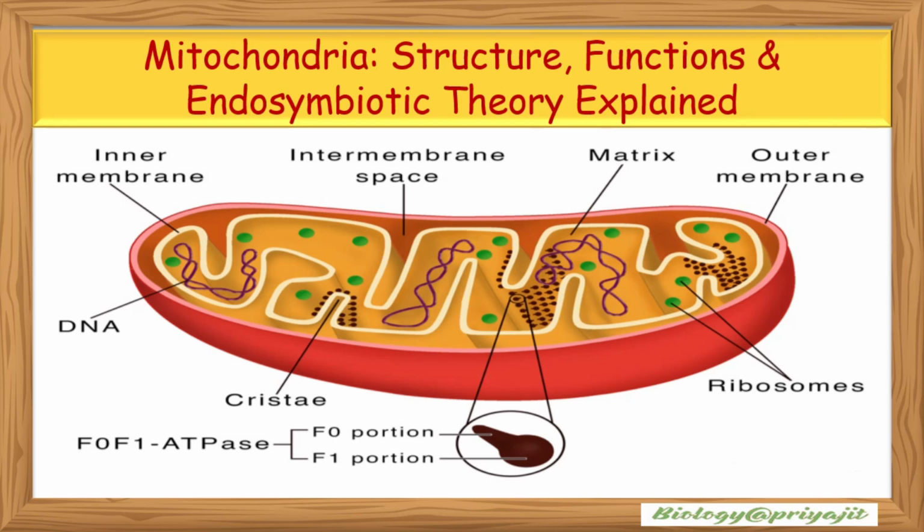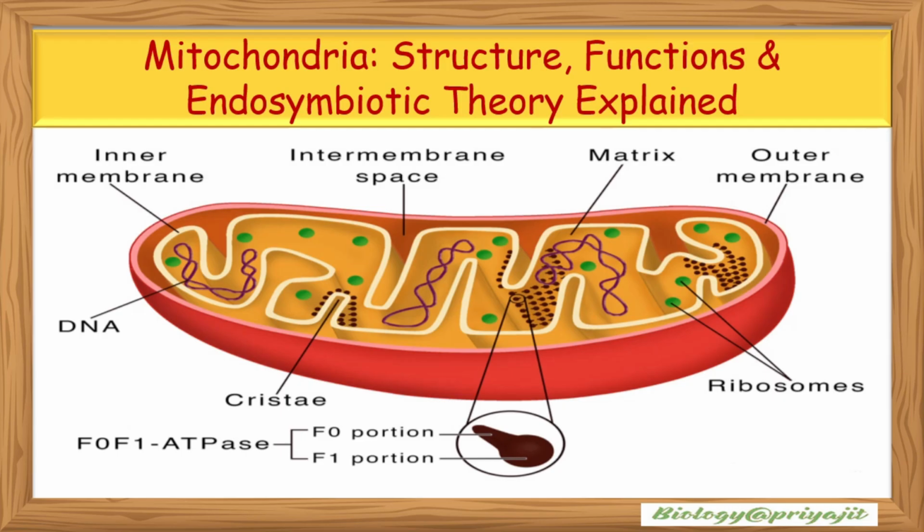In today's class, we explore the fascinating world of mitochondria, the powerhouse of the cell, and one of the most vital organelles in eukaryotic life. We will learn about the detailed structure of mitochondria, including the outer membrane, inner membrane, cristae, intermembrane space, and matrix, and how each component is perfectly designed for efficient energy production.